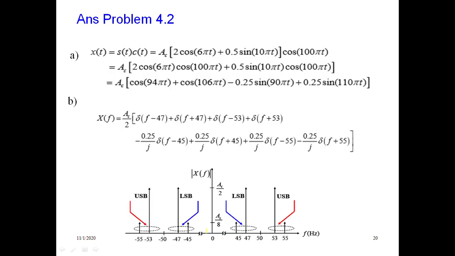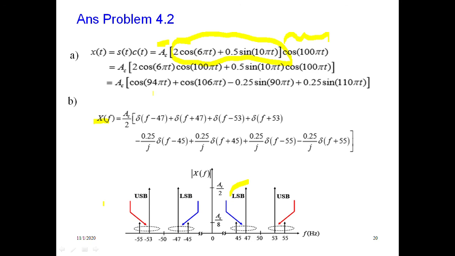When we multiply the signal, this is the message signal, and this is the carrier. This is also the amplitude of the carrier. So you multiply one by one and get the modulated signal. The next one, you have to do the spectrum by converting this cos into delta for its Fourier transform.